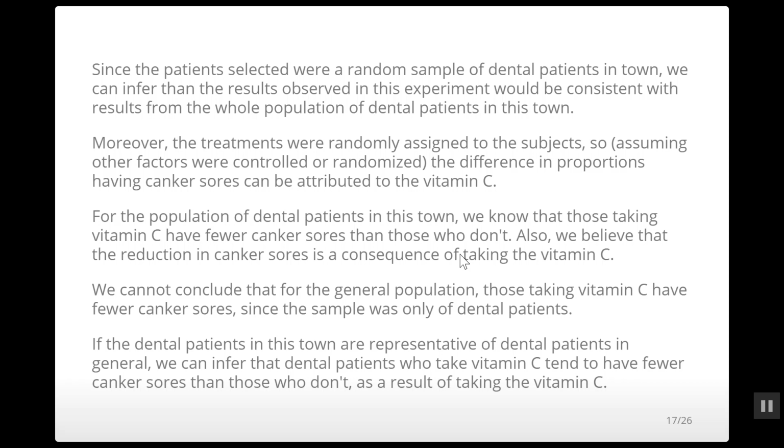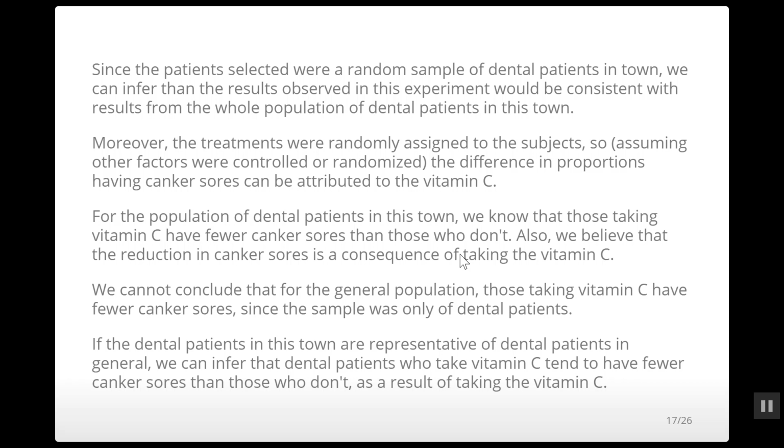Maybe if we're working with the dental society and we just want a random sample of all dental patients, maybe this is possible, because maybe the dentists share who their patients are, and we can create some kind of master list of all dental patients.